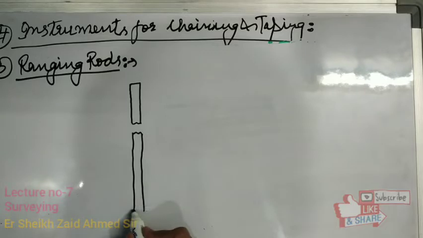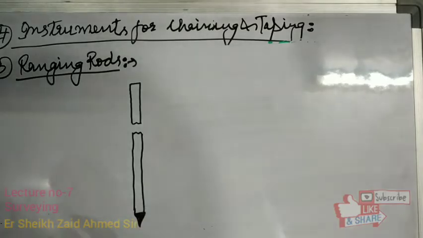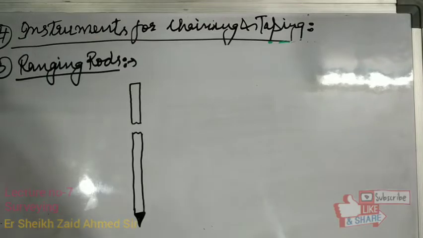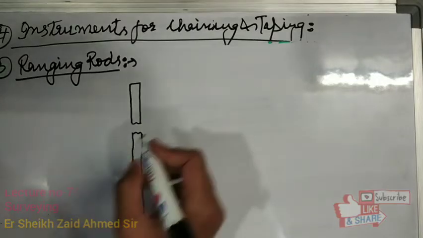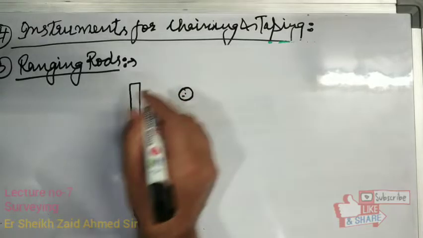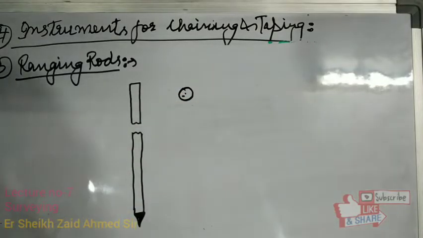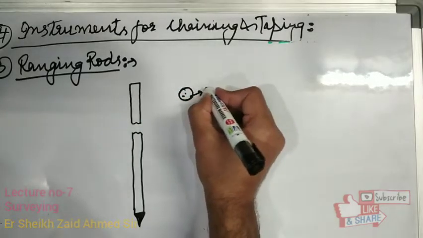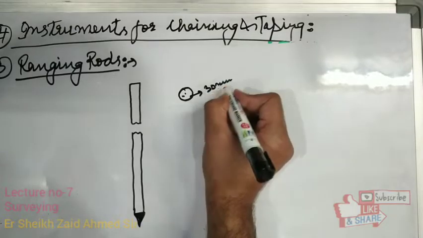These are usually made up of well seasoned woods, generally teak or blue pine. The cross section is circular, and the dia is 30 mm nominal.